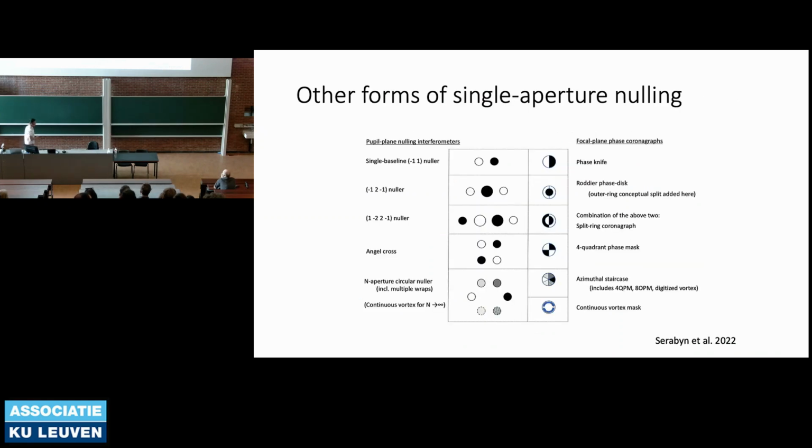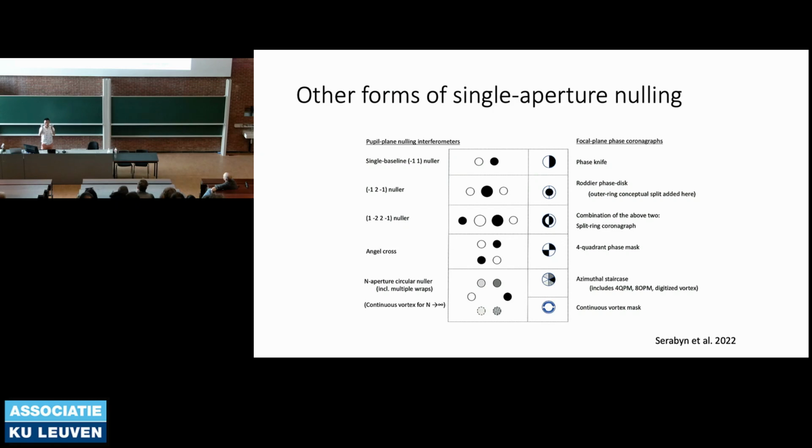There's this recent paper by Eugene Serabyn, and he basically proposed that instead of a vortex plate, which is at the bottom panel here, you can use all sorts of different manipulations at the pupil plane to change the phase to achieve the suppression of on-axis light. The simplest case is what they call the phase knife. You can put half of the aperture with a 0 phase shift and the other half of the aperture with a π phase shift. This is analogous to the Young's double slit experiment.